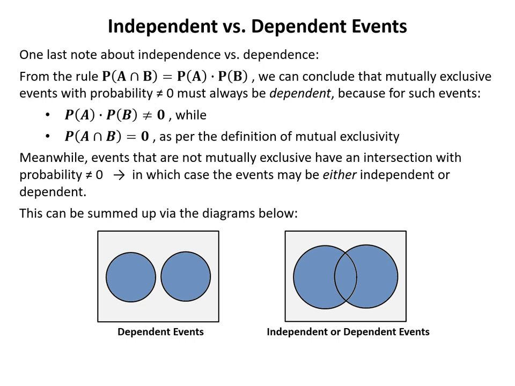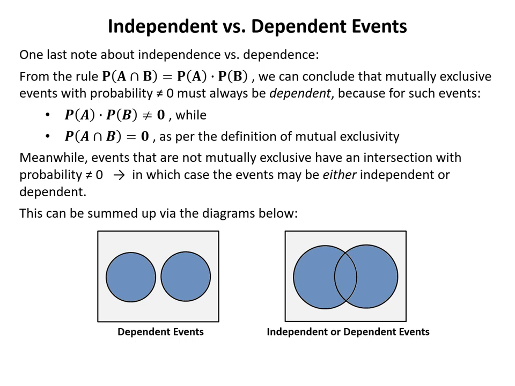On the other hand, if events aren't mutually exclusive, in other words, if there is an intersection like we see in the diagram on the right, then those events can turn out to be either independent or dependent. The way that we determine which one it is mathematically is by testing to see whether the probability of the intersection is exactly equal to the product of the individual probabilities of the two sets.